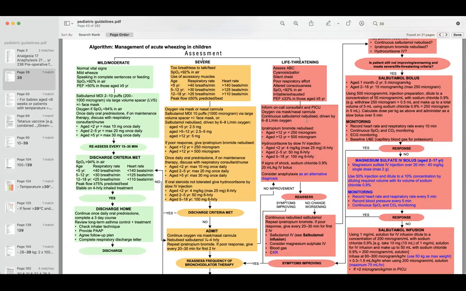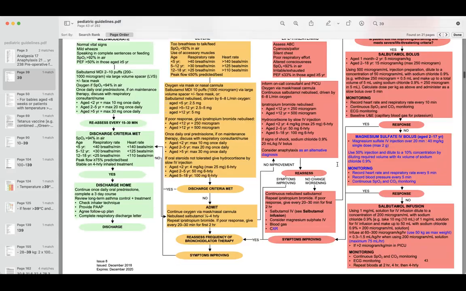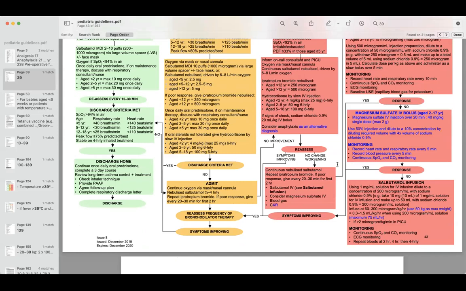With the continuous salbutamol nebulization, you will also consider nebulized ipratropium bromide and hydrocortisone. And if there are signs of shock, you will give IV fluids. But you should also rule out any role of anaphylaxis. If there is any anaphylaxis, consider an alternative diagnosis here.